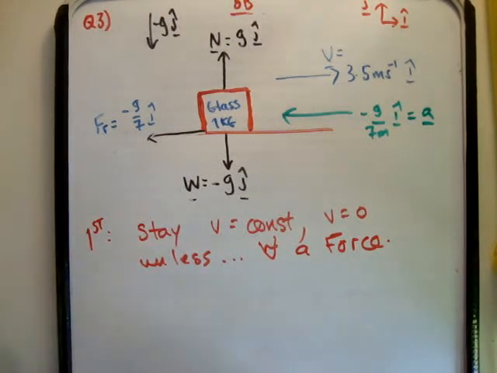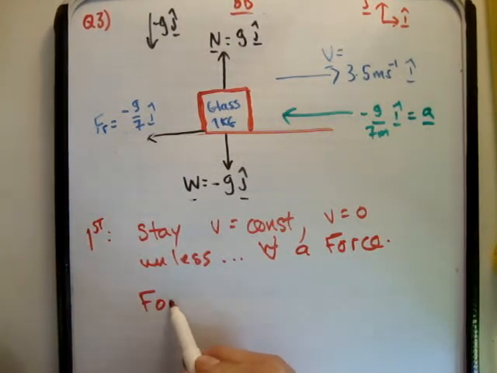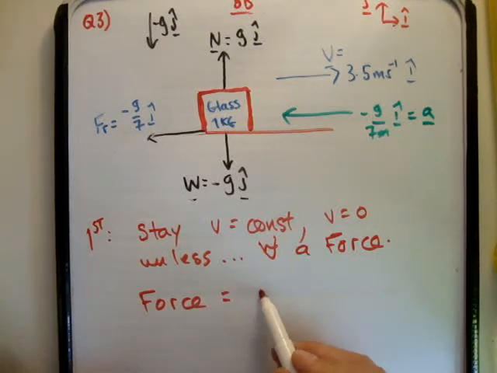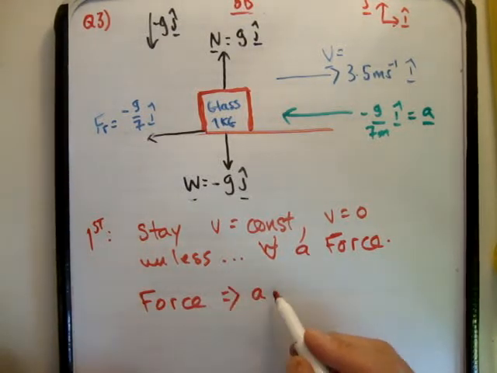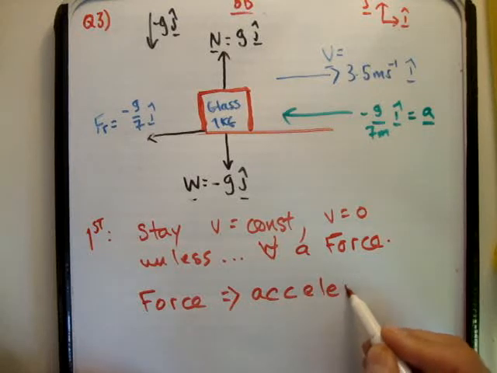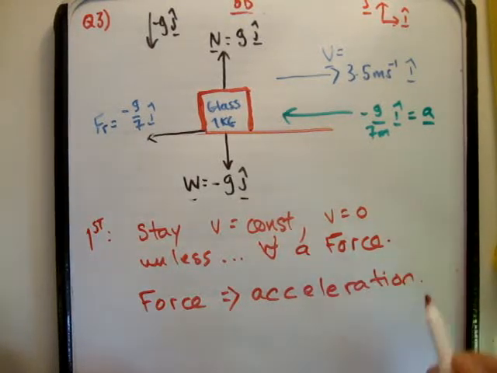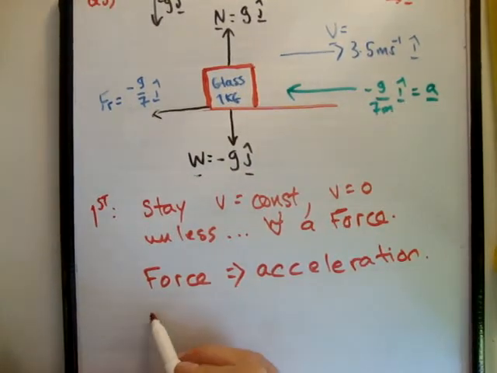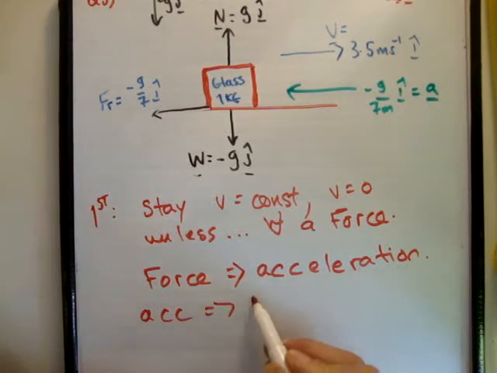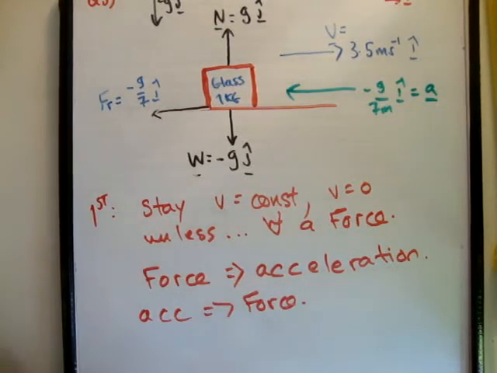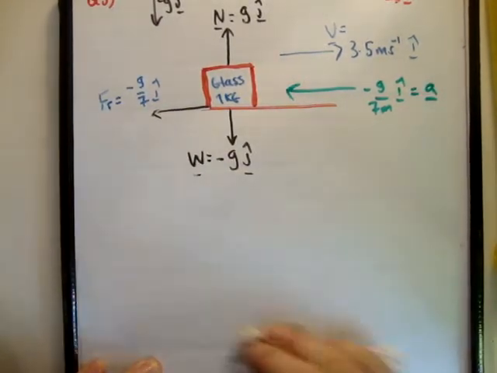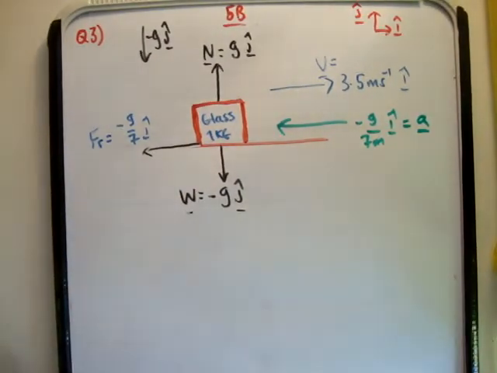And that implies, of course, if there's a force, there must be an acceleration. Okay? So turn that statement around. If there's an acceleration, there is a force. Alright? So let's see what that means. If we've worked out that there is an acceleration, therefore there must be a force. So let's find it out.